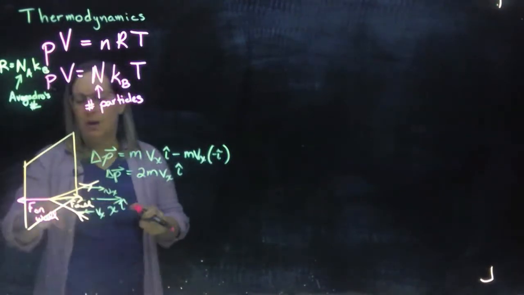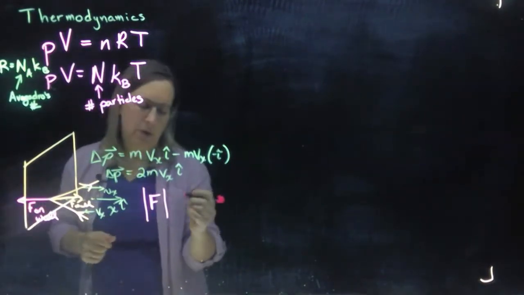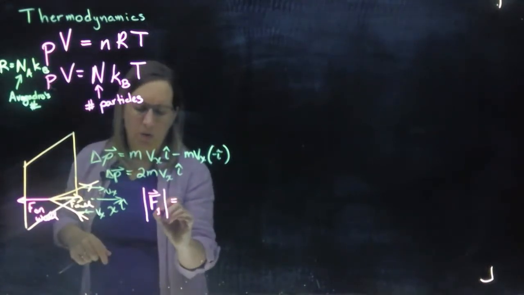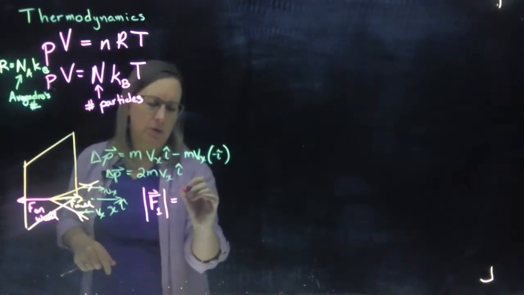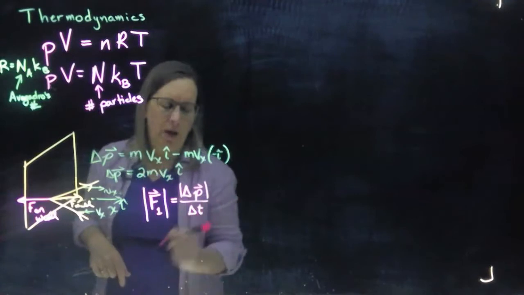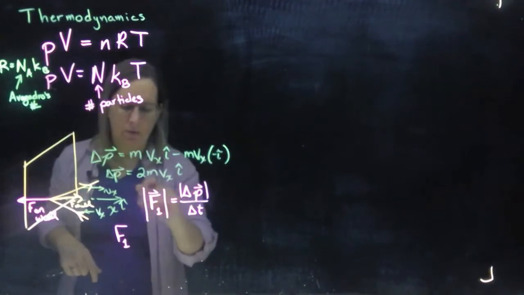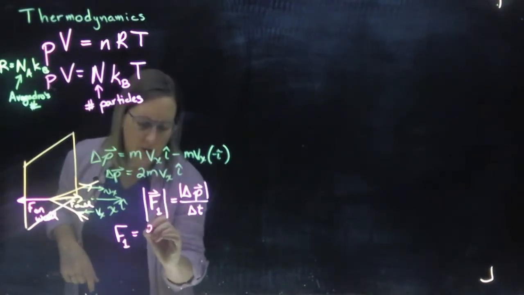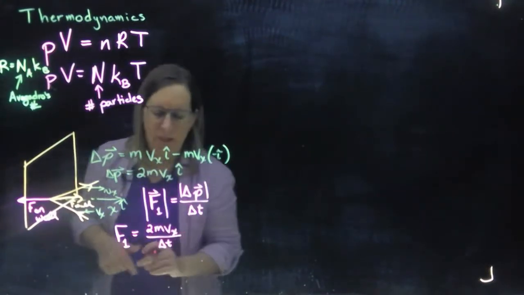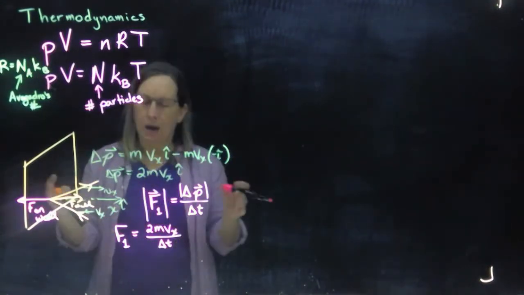The magnitude of this force on the wall, to the left in the minus I hat direction, due to this one particle, is going to be equal to the change in momentum over whatever time interval that happens. So my magnitude F1, getting rid of the vectors, is going to be 2mVx over delta t.